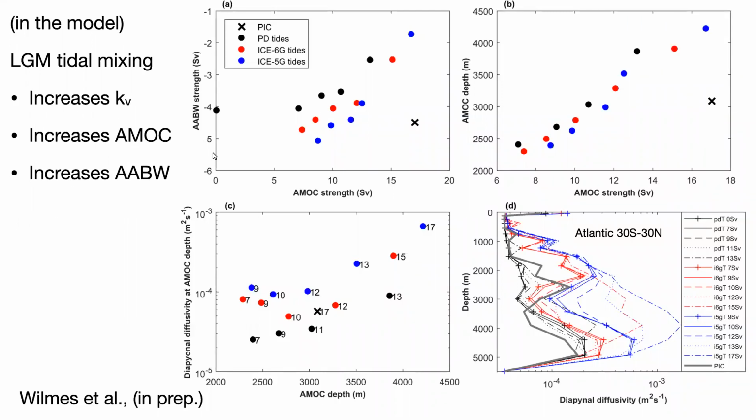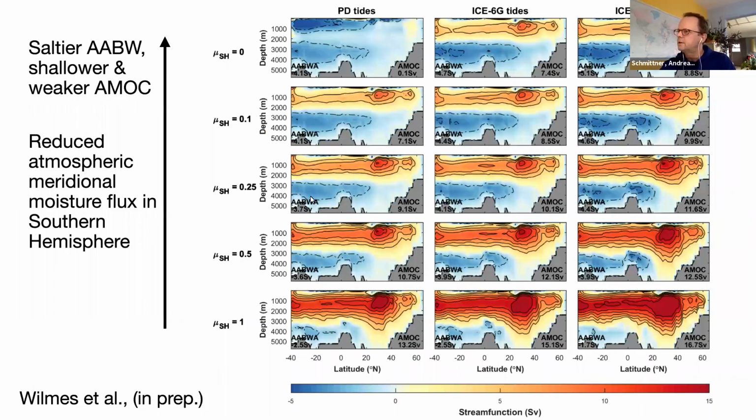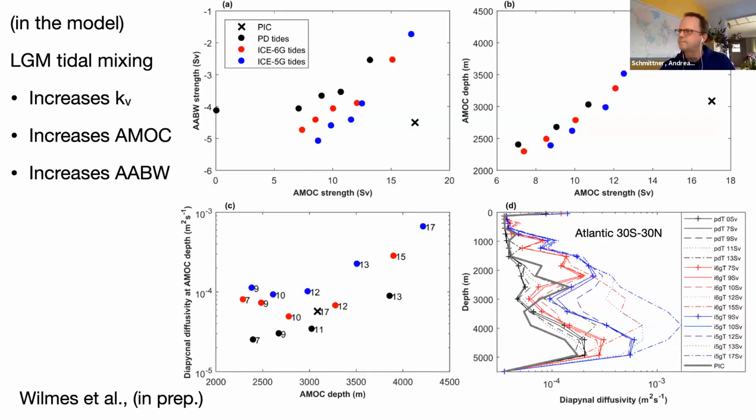Okay, so that's because you're using a different sign for that bottom. Right, it's counterintuitive maybe to put it that way, but if you look at these stream functions, the Antarctic bottom water stream function is always negative. It's just the way you calculate it from the top. Yeah, right. Okay, no, I get it. But this is also calculated at, what did you say, 20 degrees north or 30 degrees north or something?